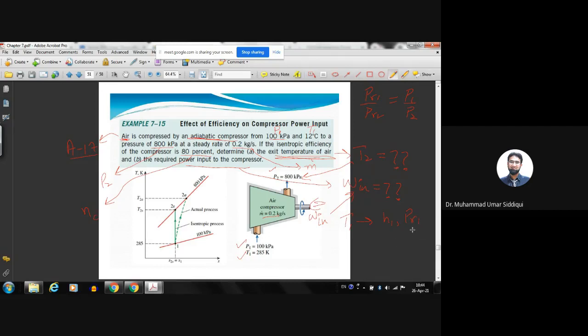Then, since we know P1, P2, and Pr1, we can get Pr2. Then we go back into table A17, and corresponding to Pr2 we are going to get H2, and this H2 will be H2s, because the table is for the isentropic process. When we are using the r values, these are for the isentropic process.